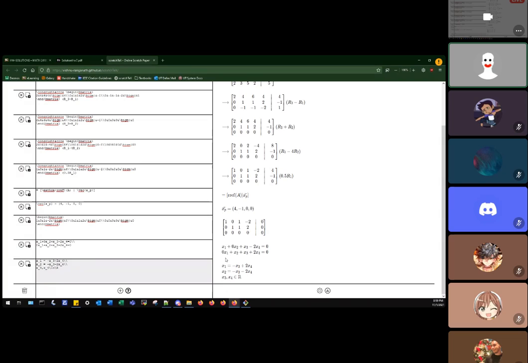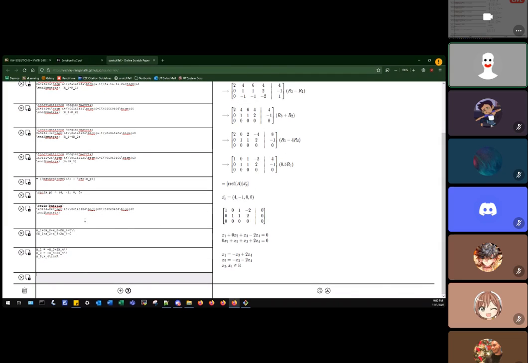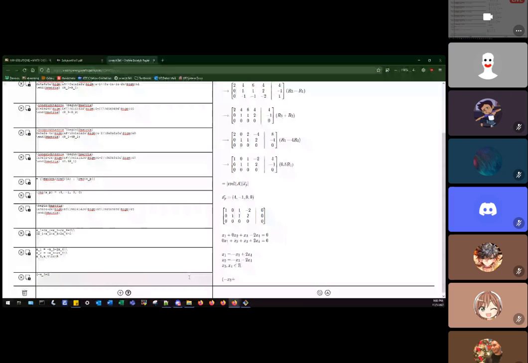And then we write one generic vector. It doesn't necessarily span the column space, but we have negative x3 plus 2x4 and negative x3 minus 2x4, and then x3, x4.